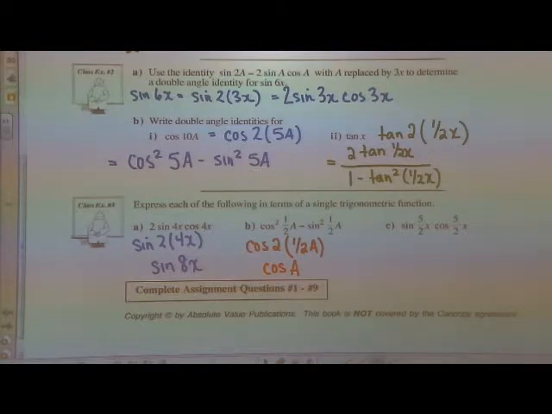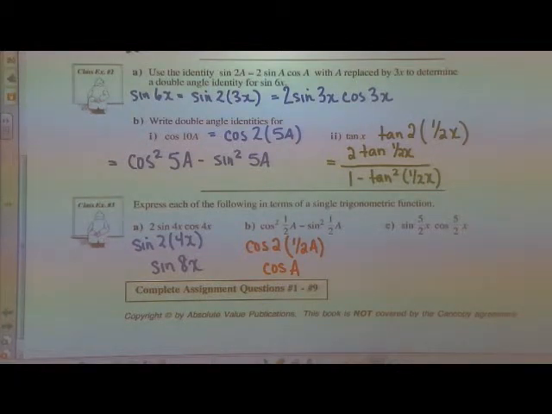Okay, the last one. Sine 5/2 x cos 5/2 x. What does that look like? What is it missing?